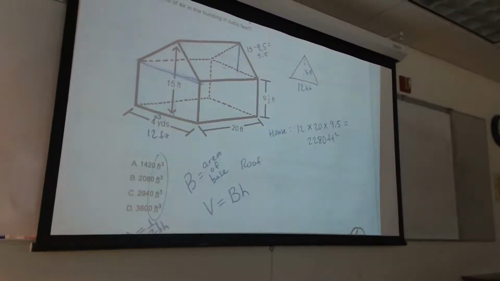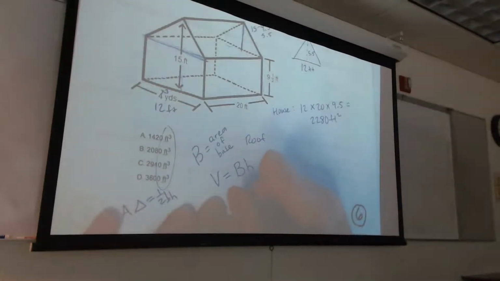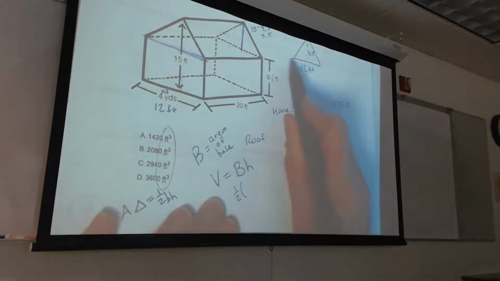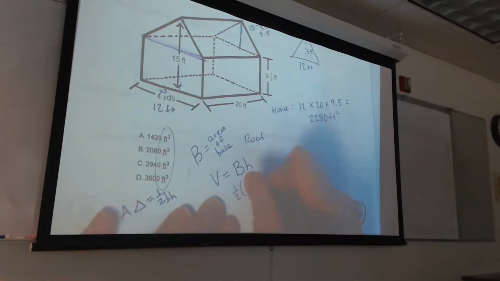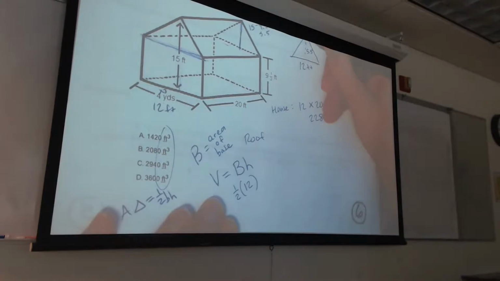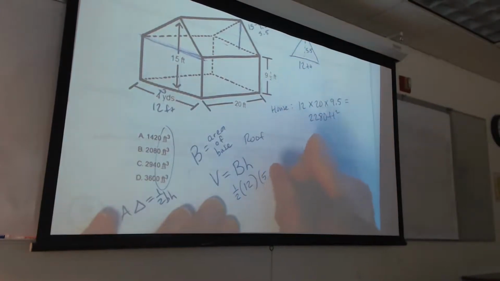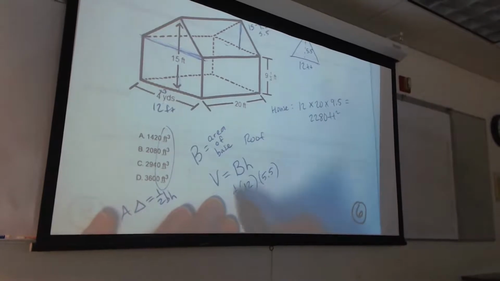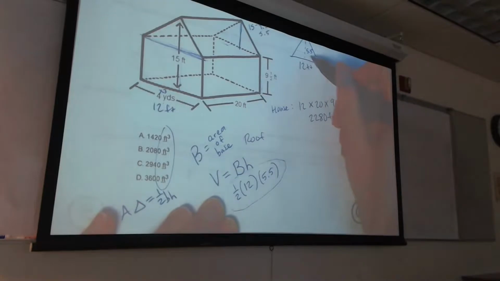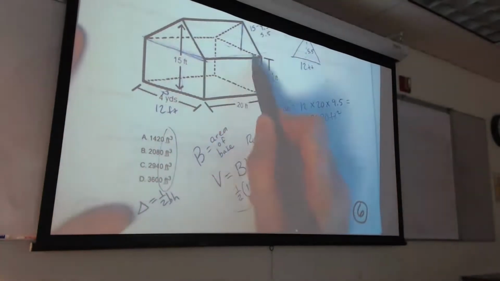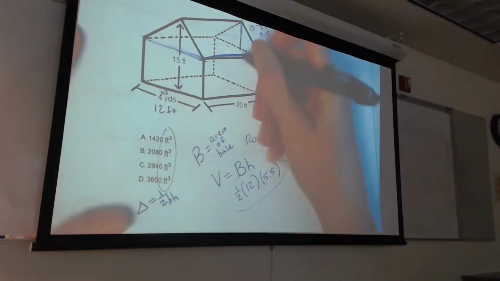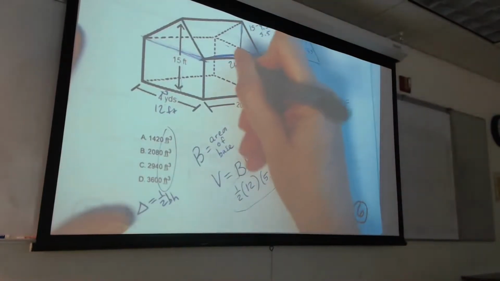So the area of the base is 1/2. What's the base of the triangle? 12. And what's the height of the triangle? Times. So this is the area of the base. Now, the height of the prism is going to be this side.